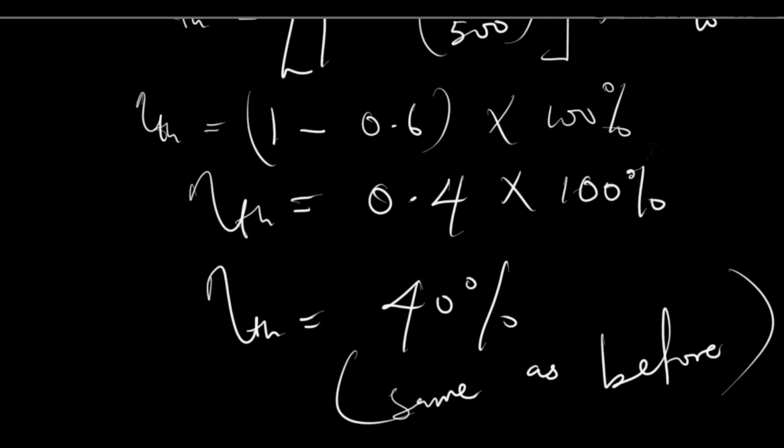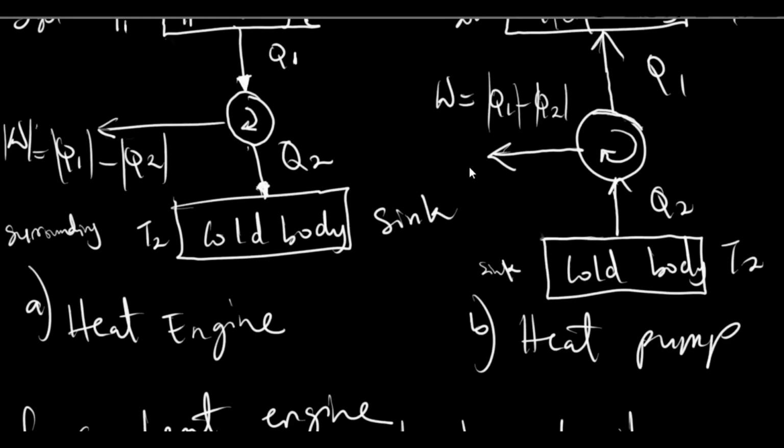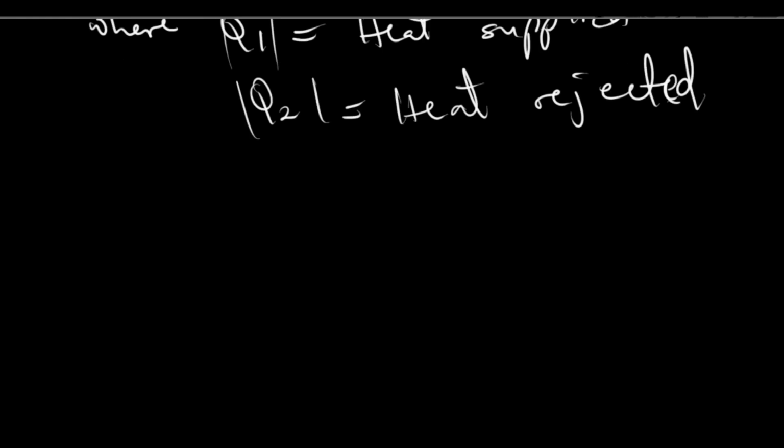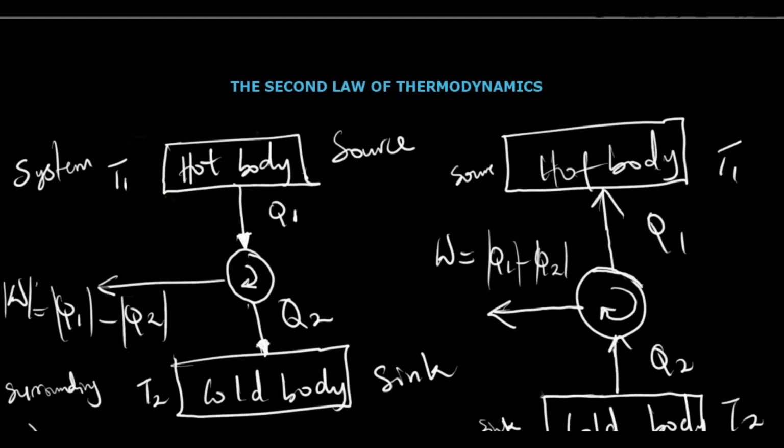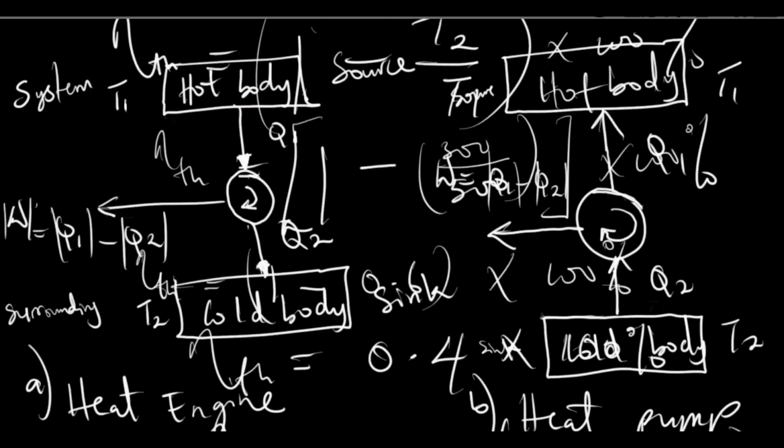So this is an example to help illustrate what we actually meant by the diagram we drew on the first page. We have gotten the thermal efficiency just as stated in the question, and our network.